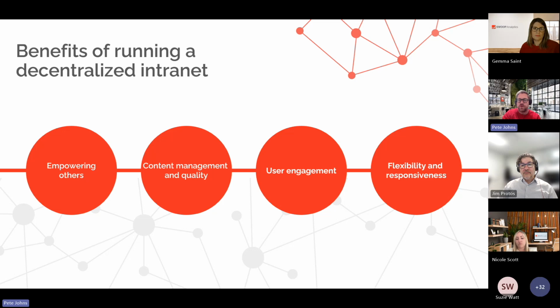In terms of user engagement, we also see clearly from the benchmarking data that decentralized intranets tend to have higher user engagement. So when employees feel ownership over their content, they're more likely to interact with it and keep it current. So that increased engagement leads to a more vibrant and useful intranet. And in the report, we highlight that organizations with decentralized intranets often see higher page views.